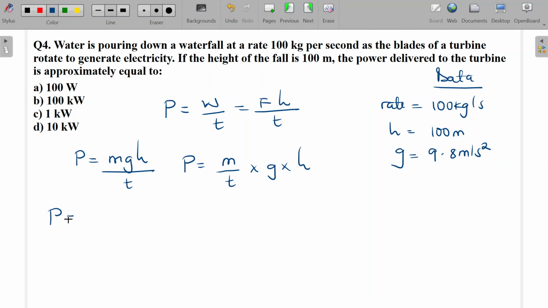So power is equal to 100 kg per second, times 9.8 meters per second squared, times the height, which is 100 meters. When you multiply that, it's 100 times 9.8 times 100, which gives us 98,000 watts.